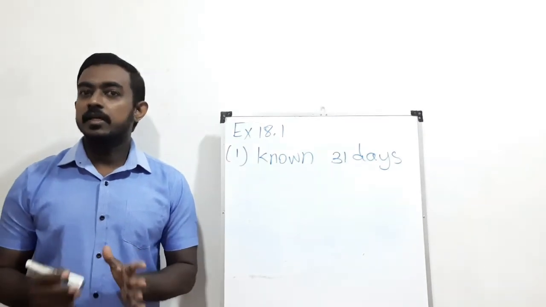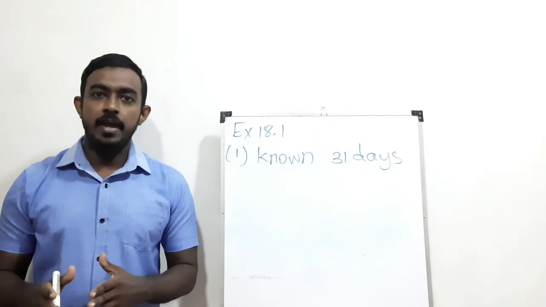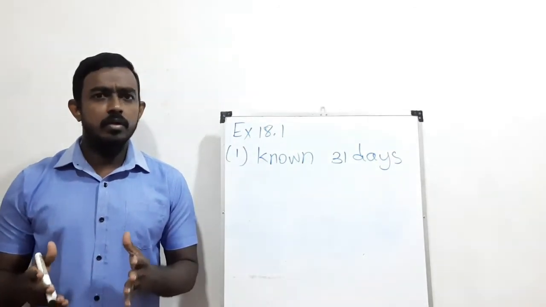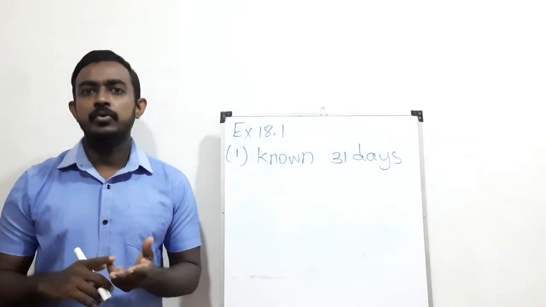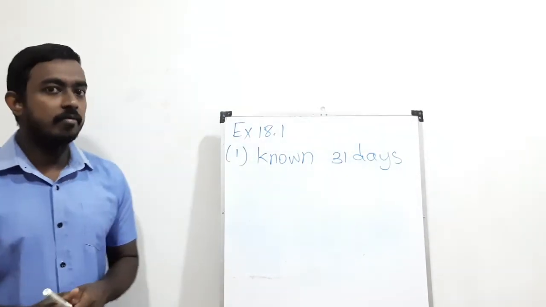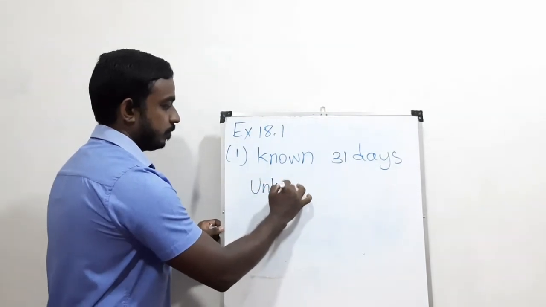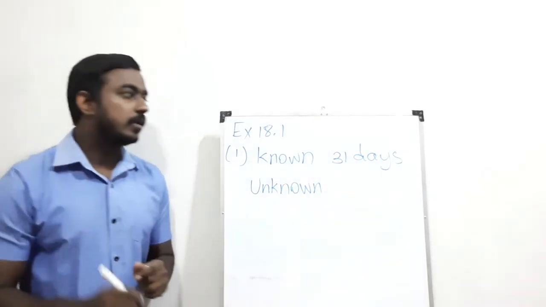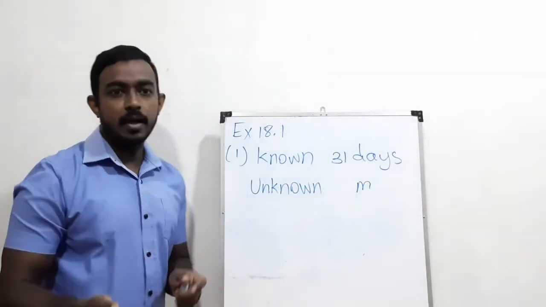Then let us see the second one. The number of books in Nima's school bag. Do we know Nima? First of all, we do not know Nima. So we do not know the number of books in Nima's bag. Therefore, we can write it as an unknown. As it is an unknown, we can give it a symbol such as M or whatever you like.